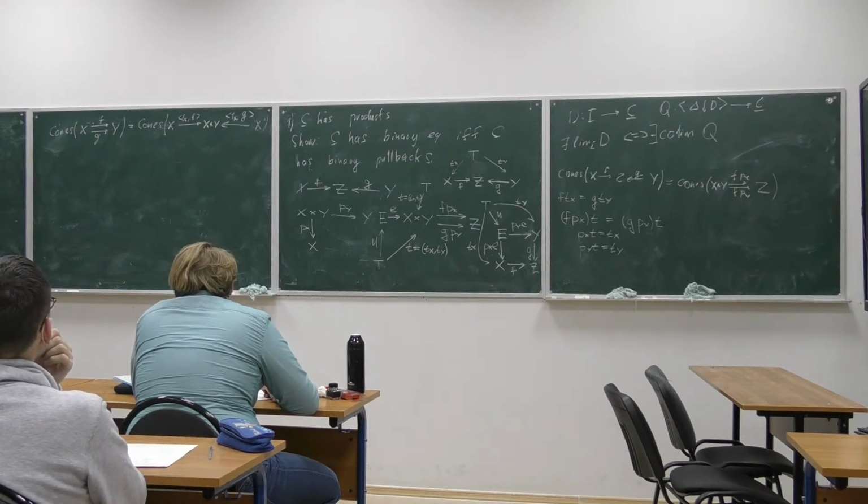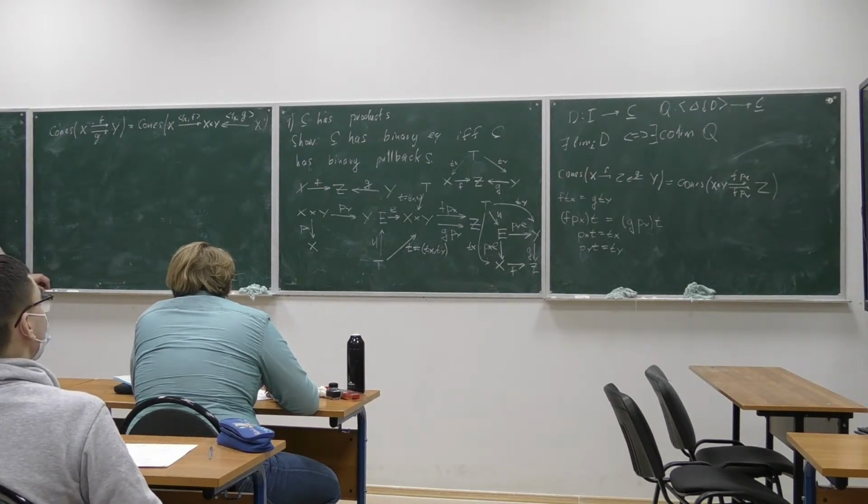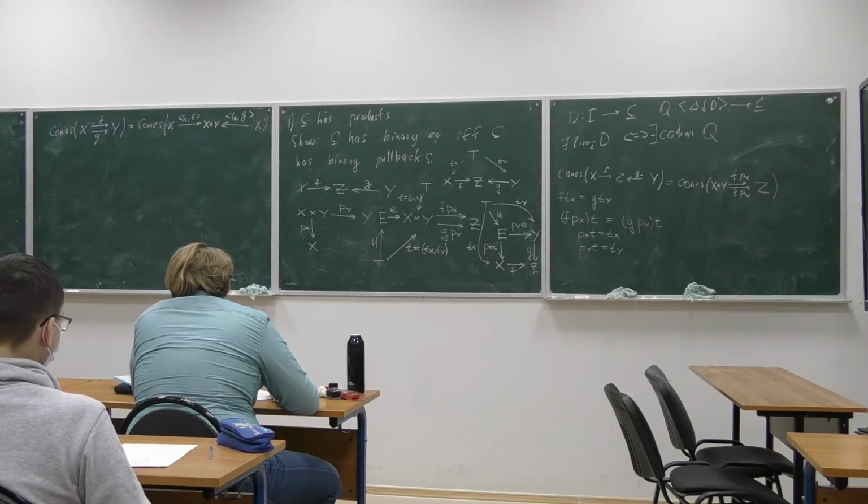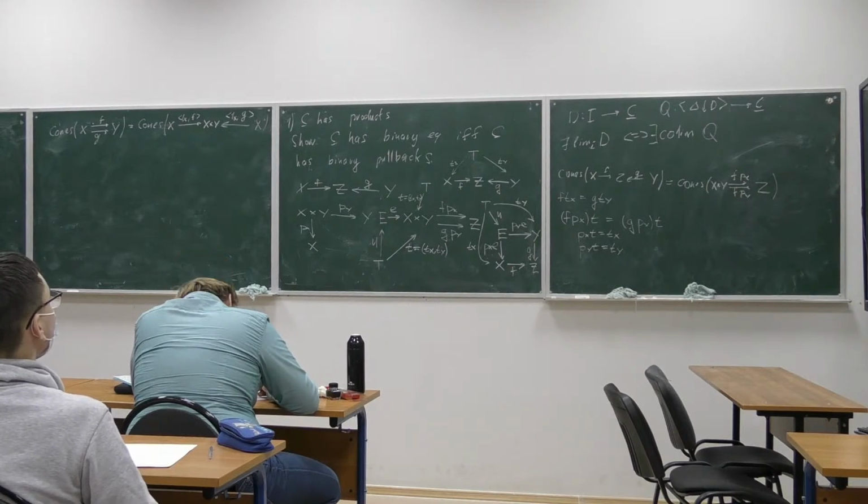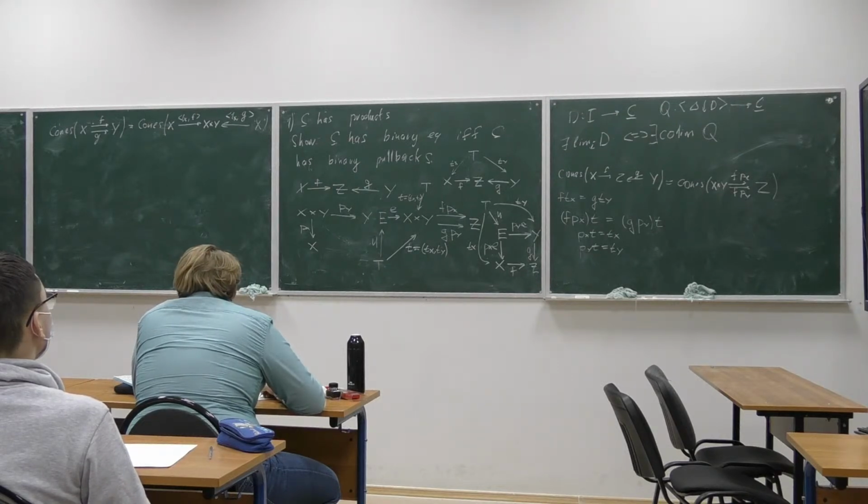I actually think that if you want to show that if we have pullbacks, we have equalizers, it is even more trivial. So consider the equalizer diagram. We have two arrows from x to y.